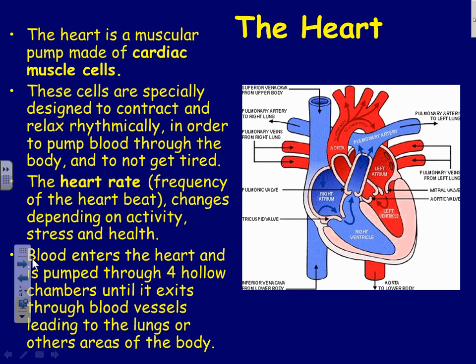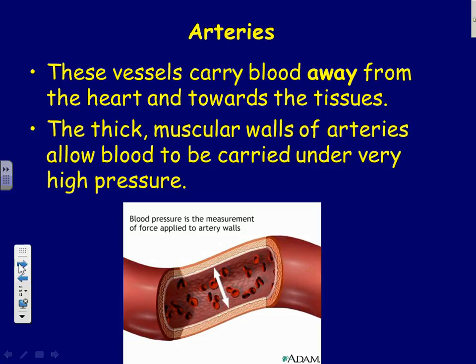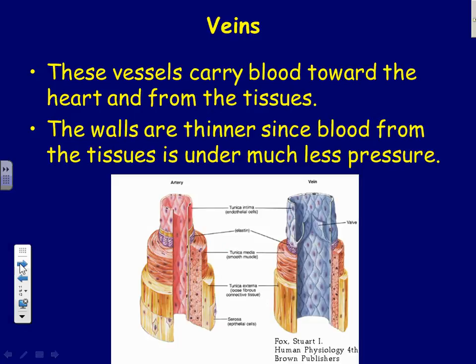So let's check those out. Blood vessels are made up of arteries, veins, and capillaries. Arteries carry the blood away from the heart and towards the tissues. They have thick muscular walls and allow blood to be carried under high pressure. Veins carry blood towards the heart and from the tissues. The walls are thinner since the blood is under much less pressure.